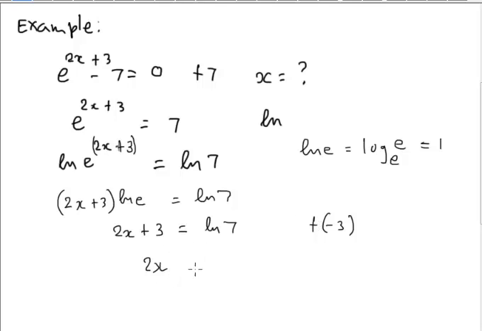Am I making myself clear? On the right hand side, ln 7 minus 3. What do we need? We need x, isn't it? Then we need to divide both sides by 2. Then we have ln 7 minus 3 all over 2.